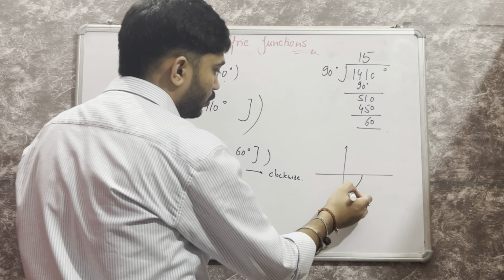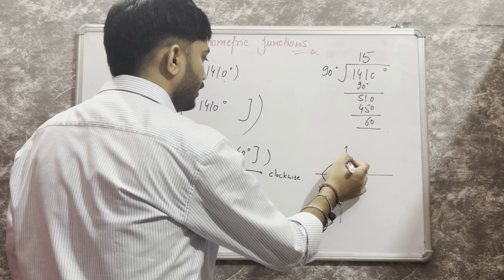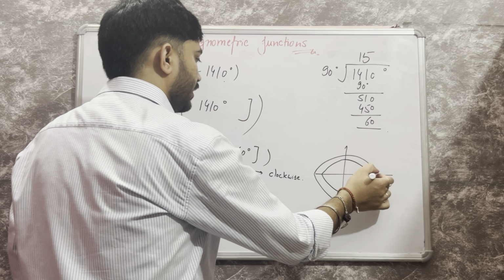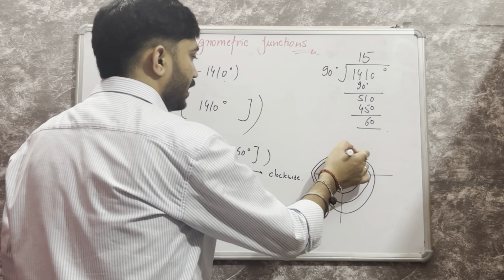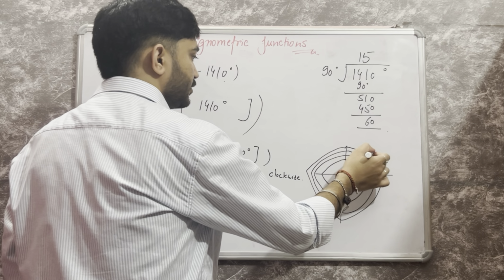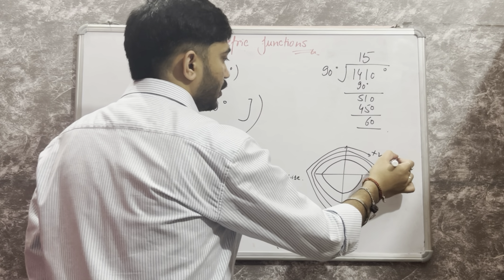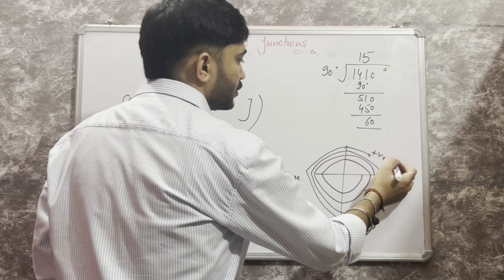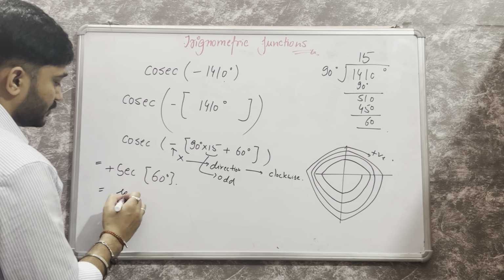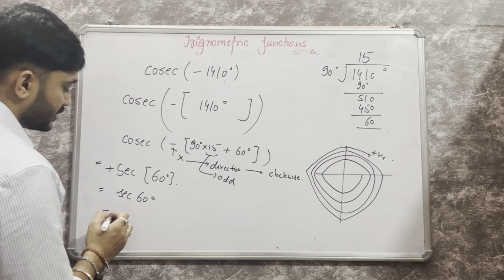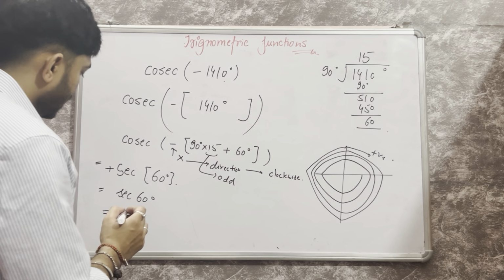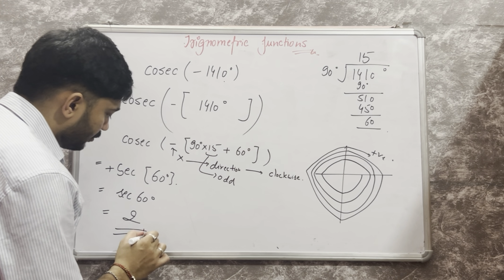So 1, 2, 3, 4, 5, 6, 7, 8, 9, 10, 11, 12, 13, 14, 15, and this one is positive for all. So the positive sign will come. Sec of 60. What is the value of sec 60? Reciprocal of cos 60. Cos 60 is 1 by 2. So the answer here will be 2. Any doubts?